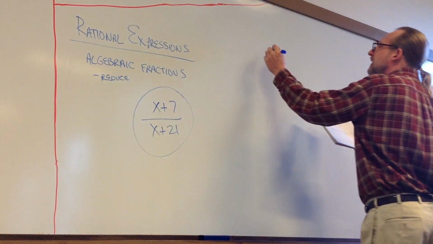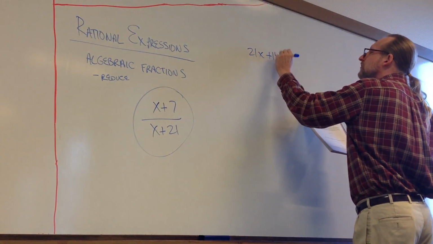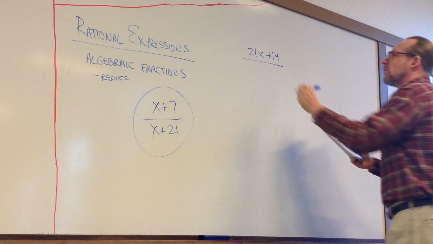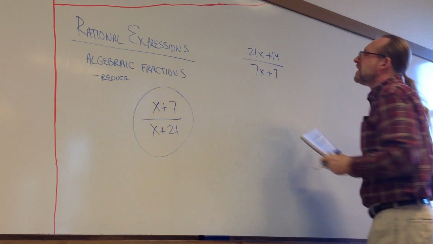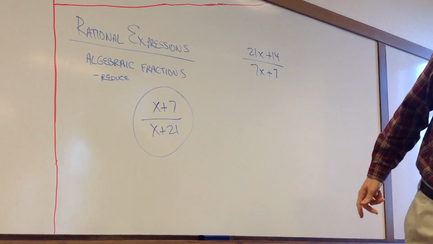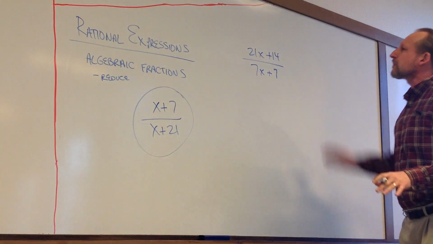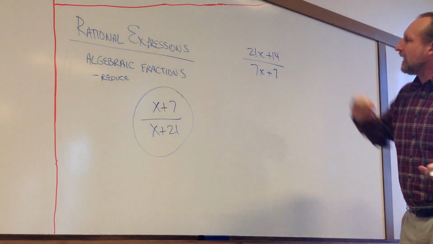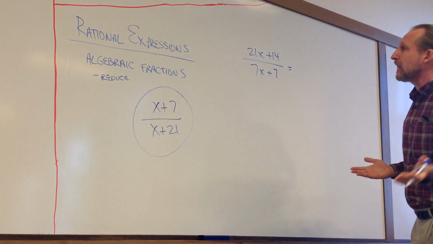On page 50 we have this fraction: 21x plus 14 over 7x plus 7. Now we can't just go and cancel the 14 and the 7, okay? But what we can do is try to identify factors for the numerator and factors for the denominator. All right, in both cases we have a common factor of 7.